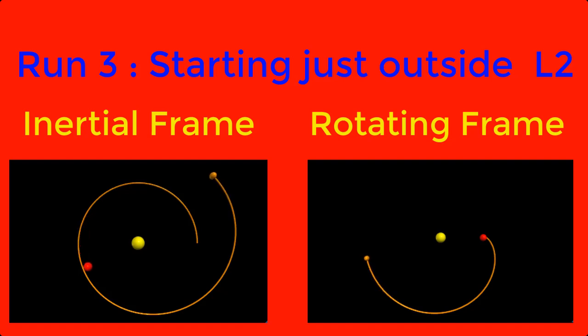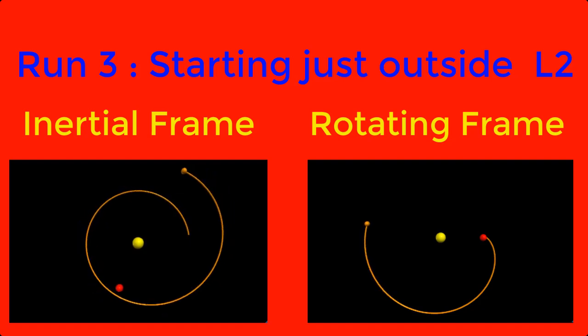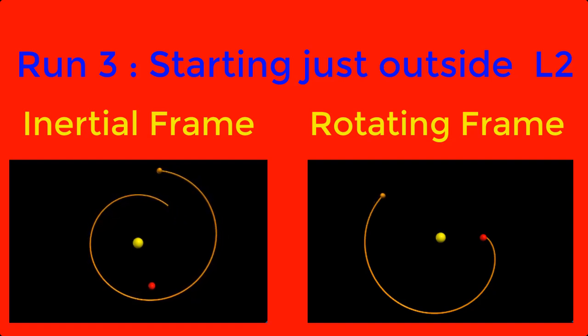So now really it is rotating in its own elliptical orbit around the Sun. In the rotating frame, of course, it appears to have a very different shape, but in the inertial frame you can see we have something approaching an ellipse here.